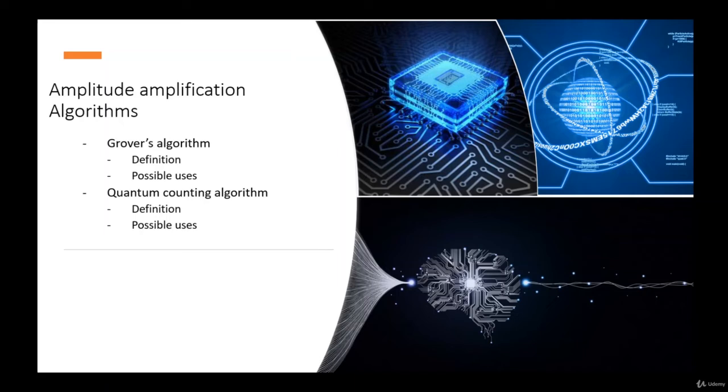All right, the second algorithm will be the quantum counting algorithm, a quantum algorithm used to count the number of possible solutions that a certain problem can have. Once again, this is on a basic level, and it can do it in a really efficient way.